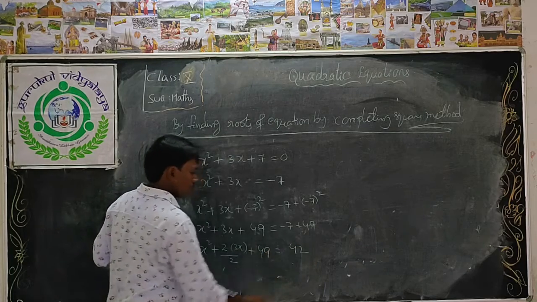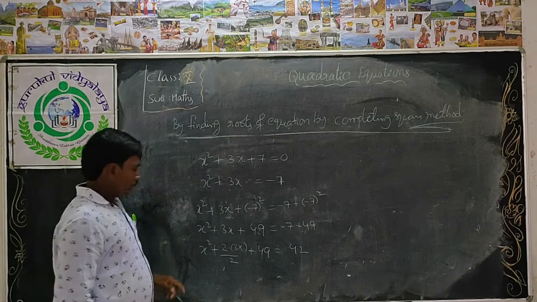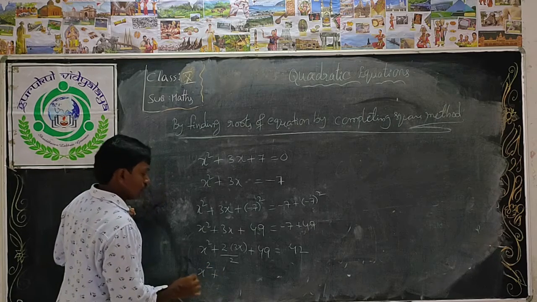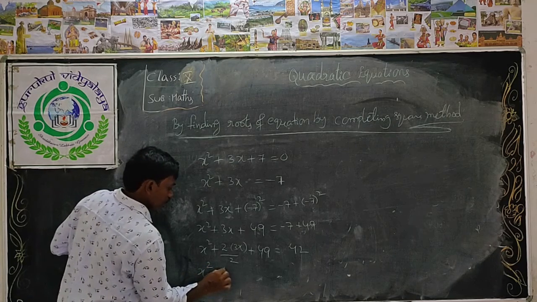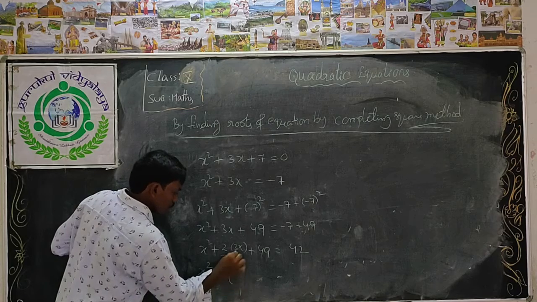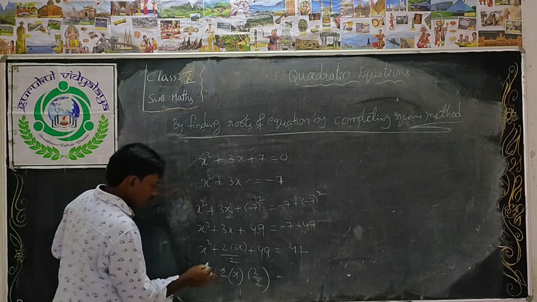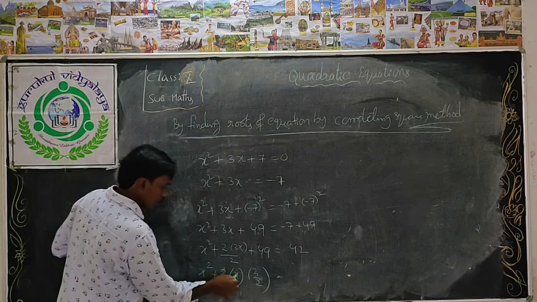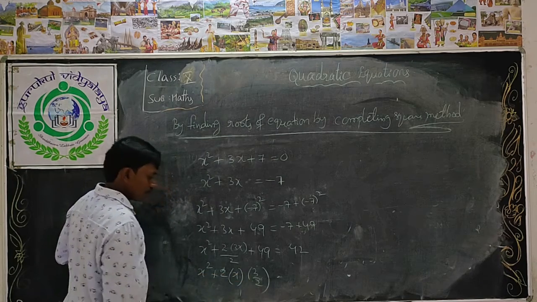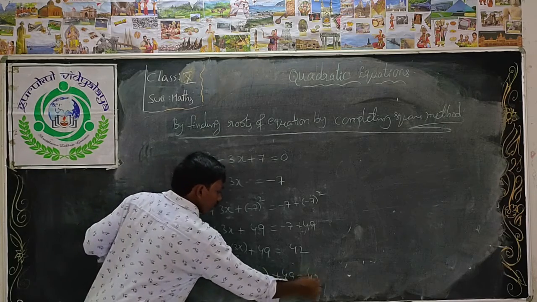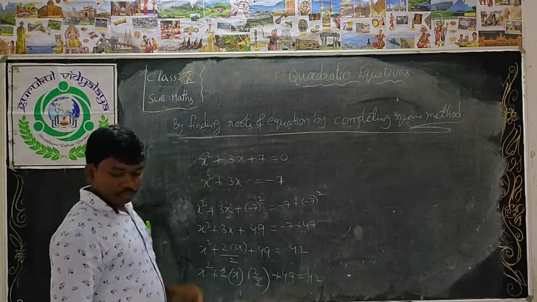So x square plus 2ab plus 49 is equal to 42.